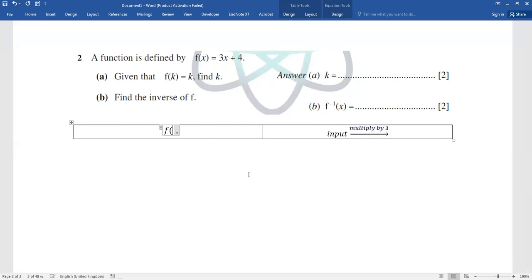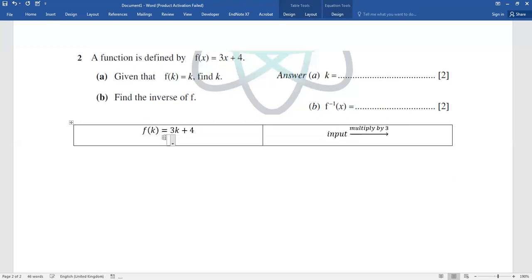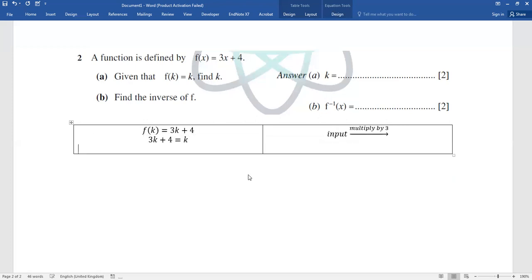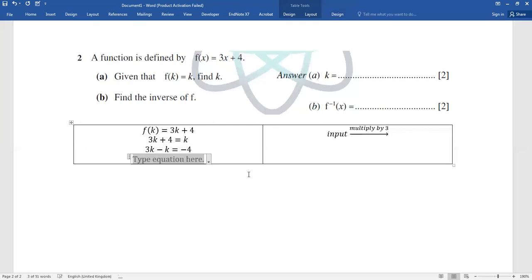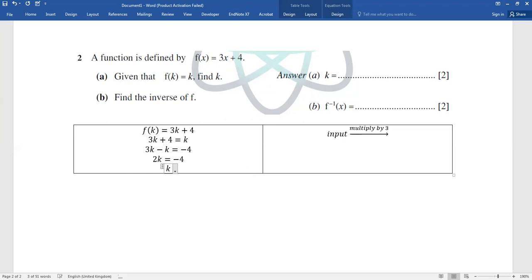Okay, let's see. f(k) is 3k plus 4. The question says this whole thing will also be equal to k. 3k minus k is -4. 2k is -4. k is -2. Is everyone getting the same answer? Yes.